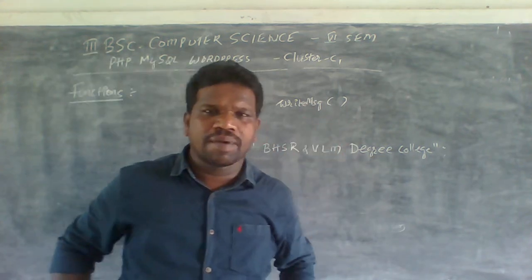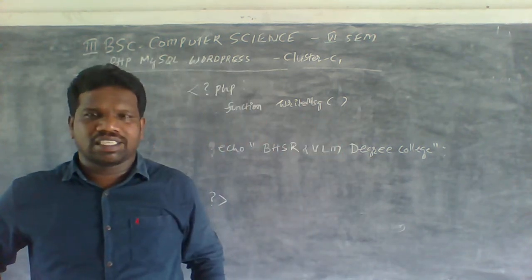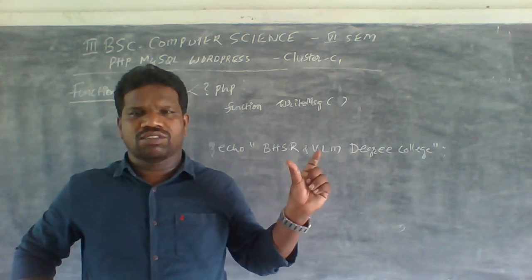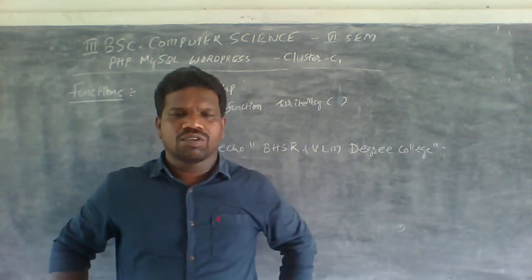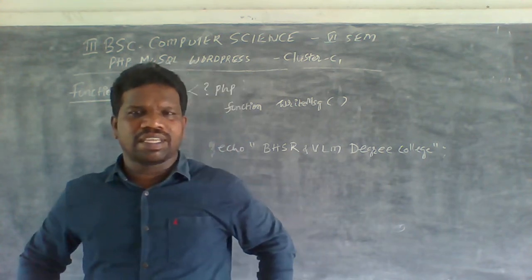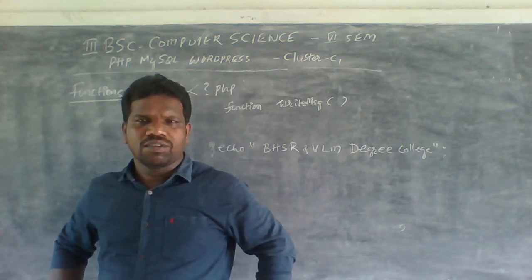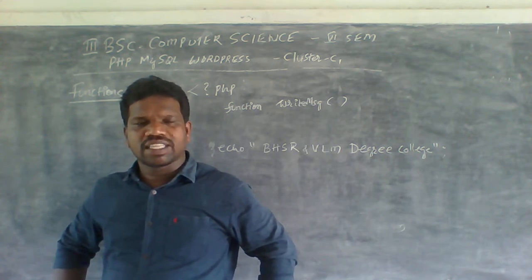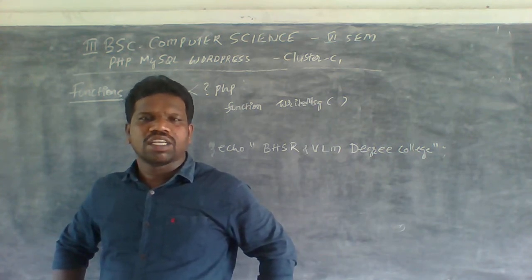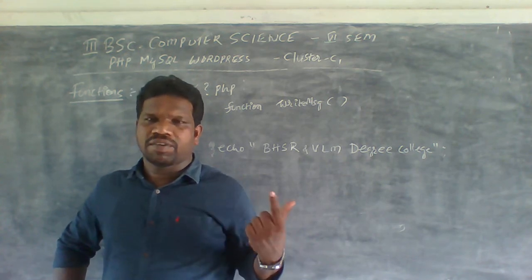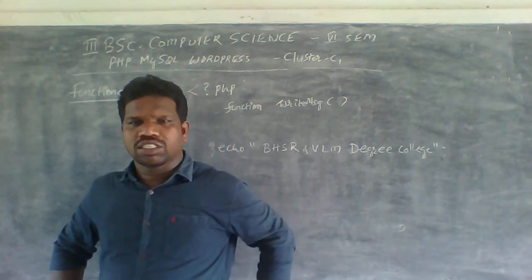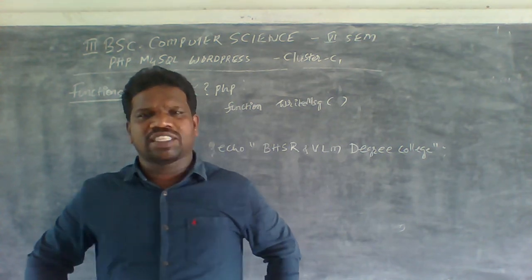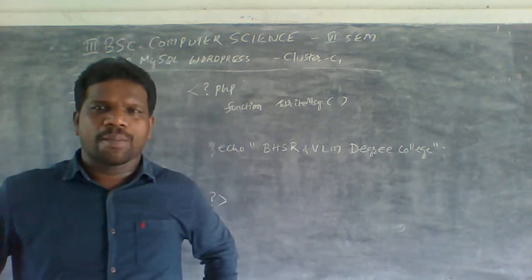So the function name is writeMessage. Write is one word and message is also one word. While declaring a function name in a PHP program, except for the first word, the first letter of the second, third or fourth word must be specified in uppercase.